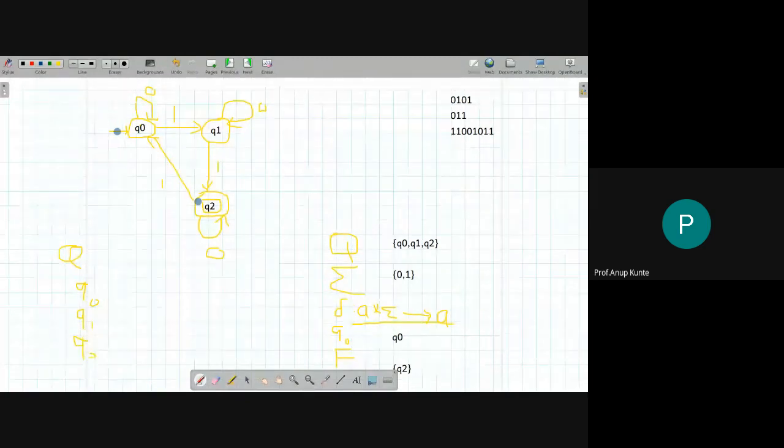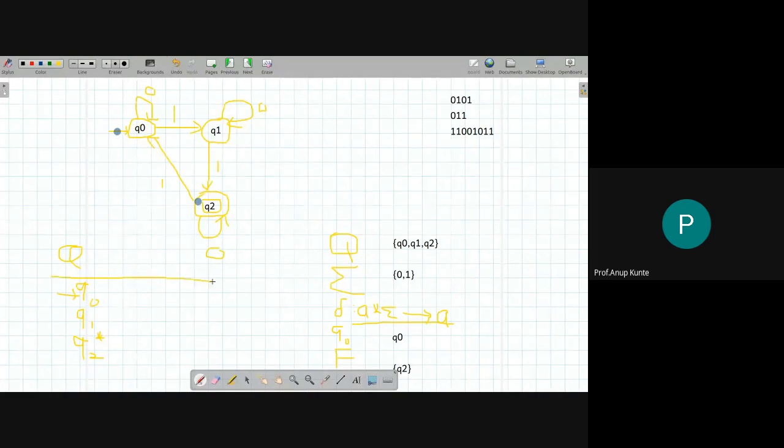Out of these three states, Q0 is my initial state. This arrow again is indicating the same. Q2 is the final state. In the transition table, when I draw it, I mark a star before Q2 to indicate that it is a final state. So it's a star for Q2, not for Q1. Please understand that.